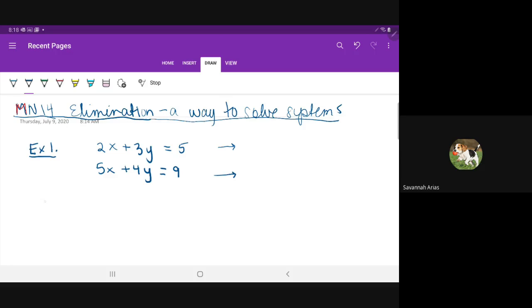Okay. So over here, put goal. Your goal is to have one of the letter columns have the same number.